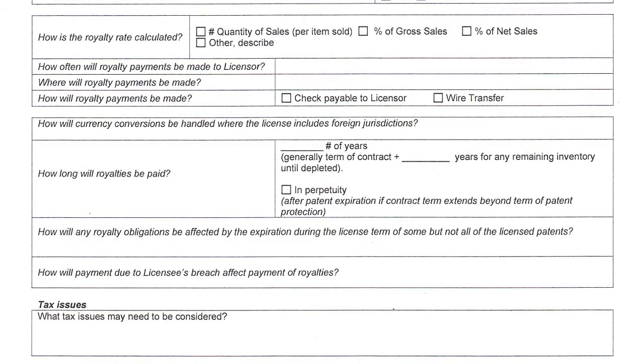How long will royalties be paid? That's an interesting question, and that's one of the many big sticklers in this deal I'm working on right now, particularly if you're dealing with a broker. There's a variation there, because they're not necessarily like a realtor.